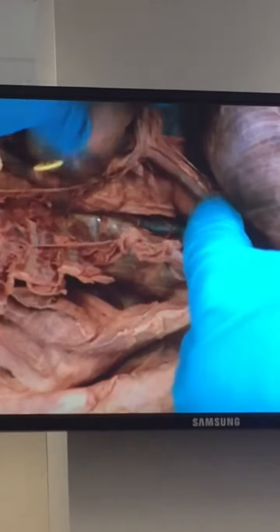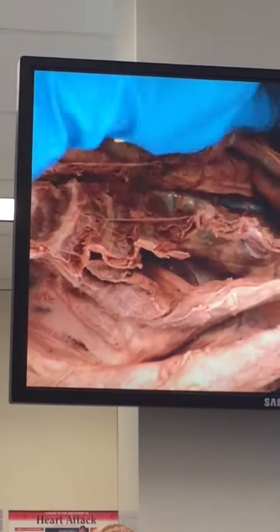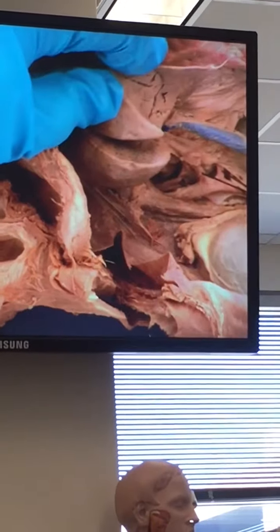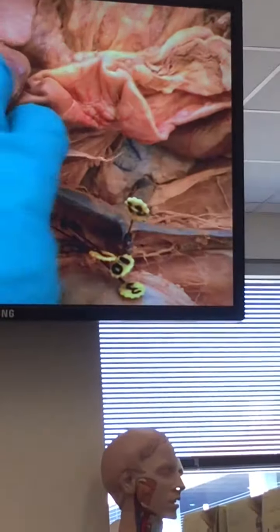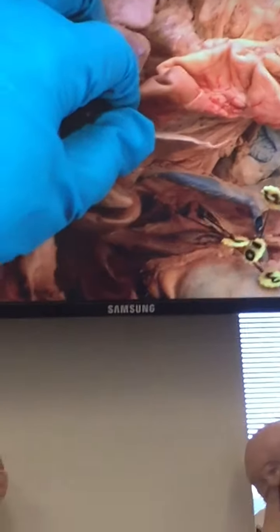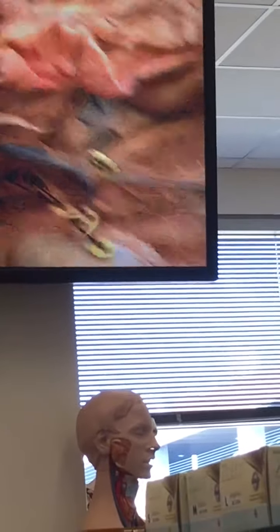There it is. See how it's coming up? That's the vena cava. And that'll go down through and continue on to the abdominal cavity. So that is the inferior vena cava, and it goes all the way down.